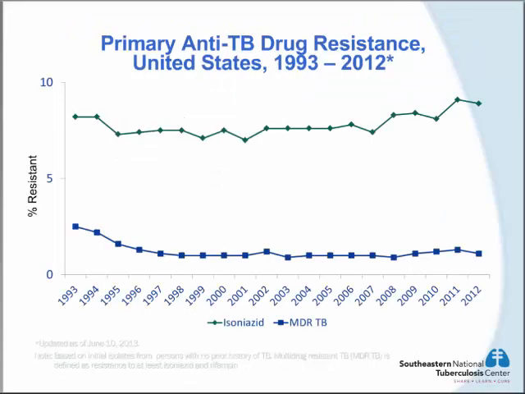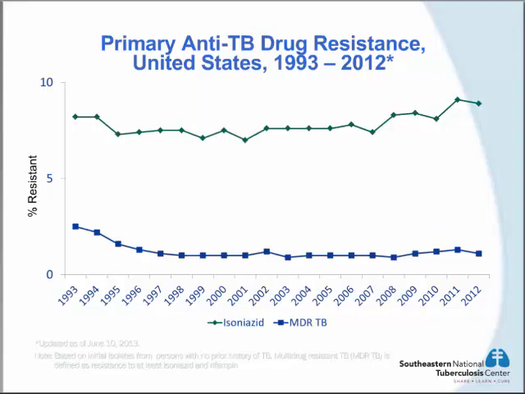Now, moving along to another area that is important to know, the rates of anti-drug resistance. So you can see that the line on the top, the green line, represents isoniazid resistance, and the line on the bottom represents MDR-TB.